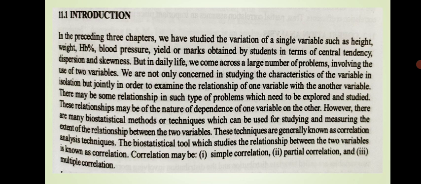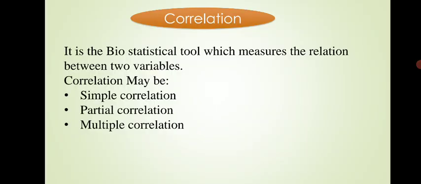Correlation measures whether there is some sort of relation between two variables, and if the relation exists, what type of relation it is. Correlation may be simple correlation, partial correlation, or multiple correlation.